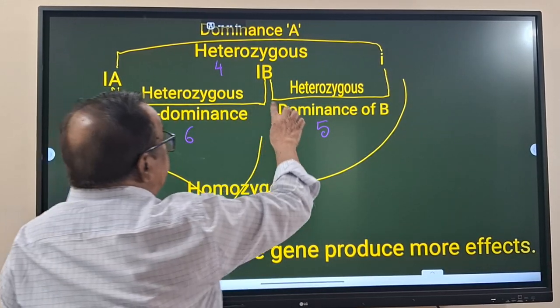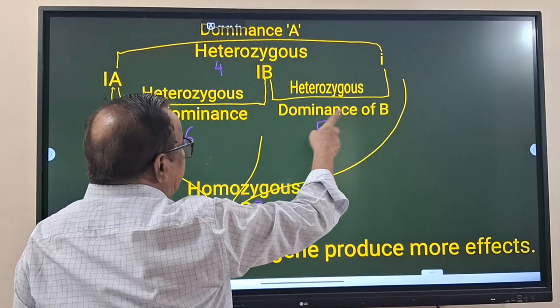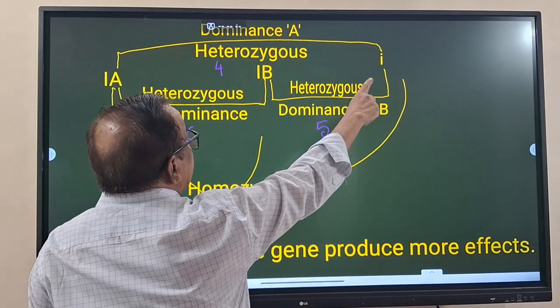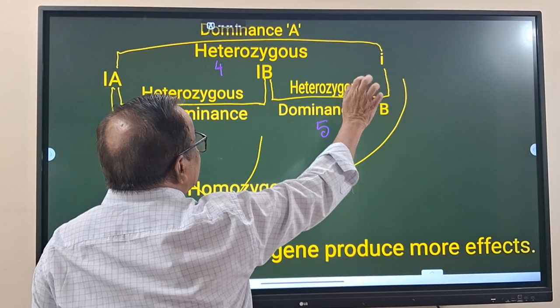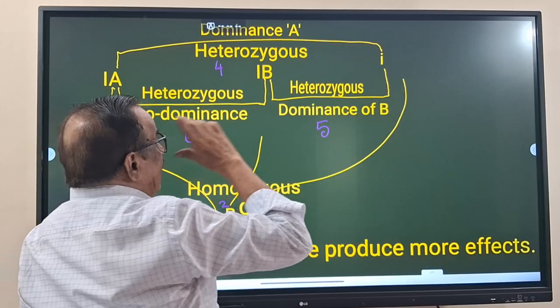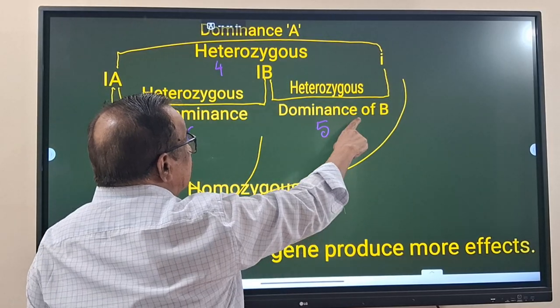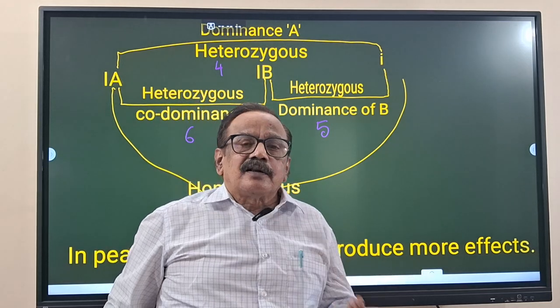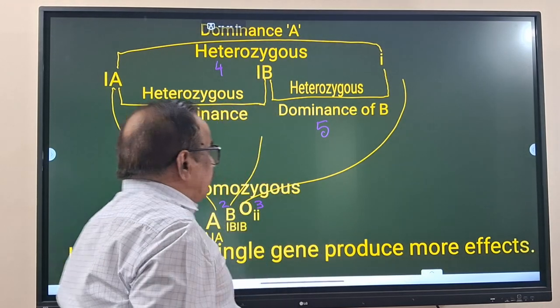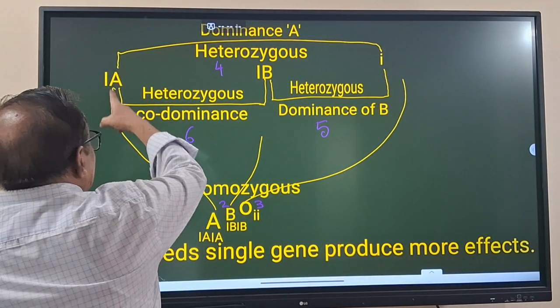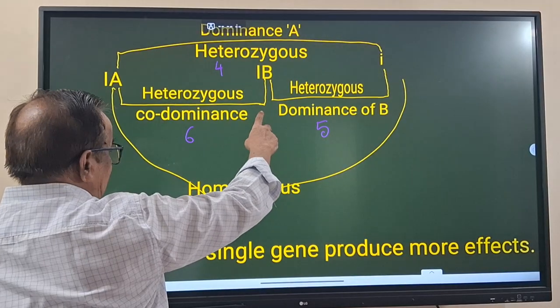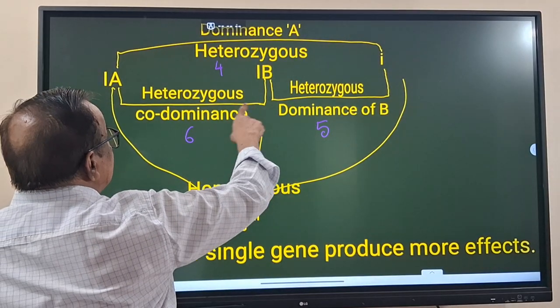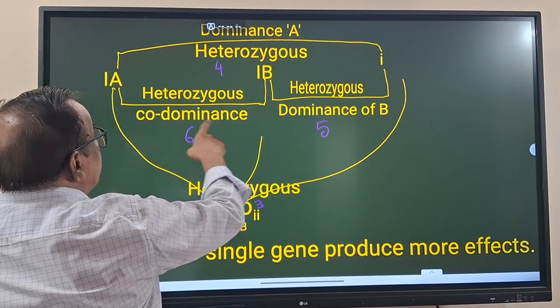And now B is also the same. It may be in the heterozygous condition with i, meaning the O group, and in that heterozygous condition B is dominant. B will be expressed because O does not have the sugar. That is the thing. But whenever A and B are both present in the heterozygous condition, then codominance will be seen.